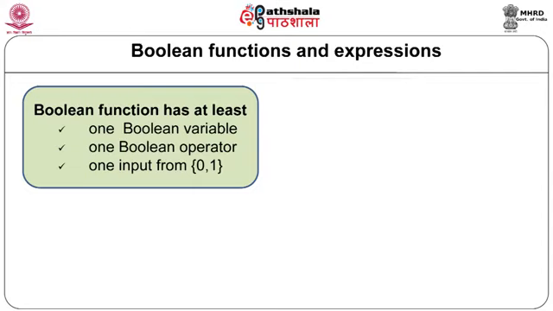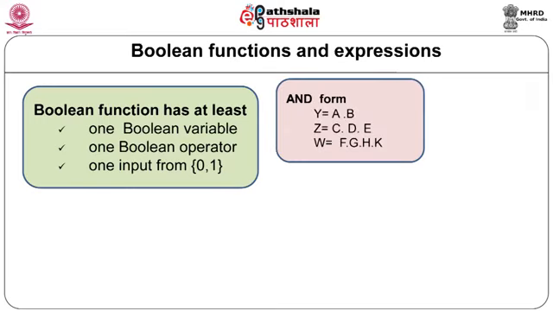For example, the complement of A is known as not A or A bar. A Boolean expression can contain sum or product terms or a combination of both, as indicated here. Let us look at the product terms. Y is equal to A and B.